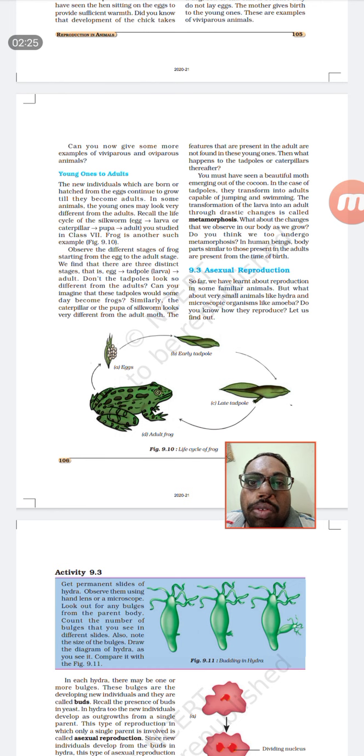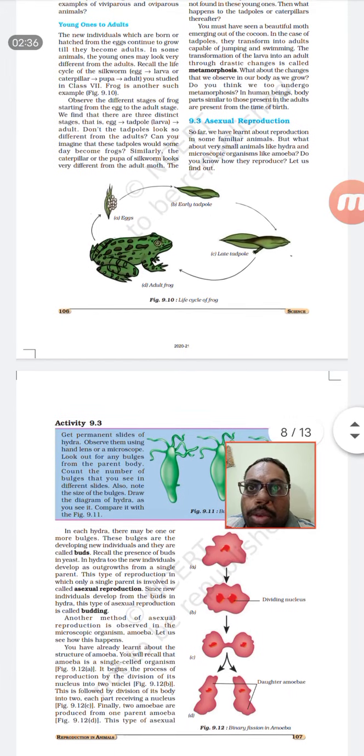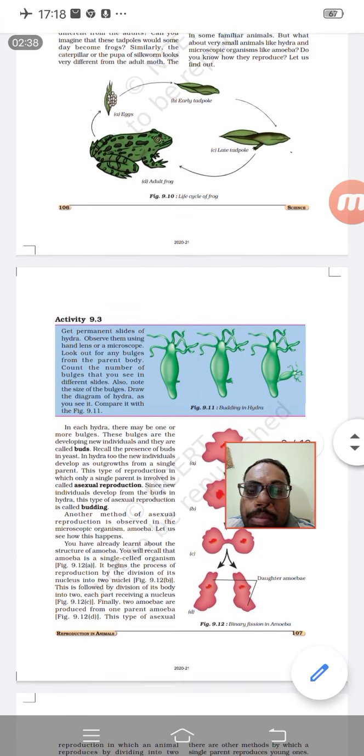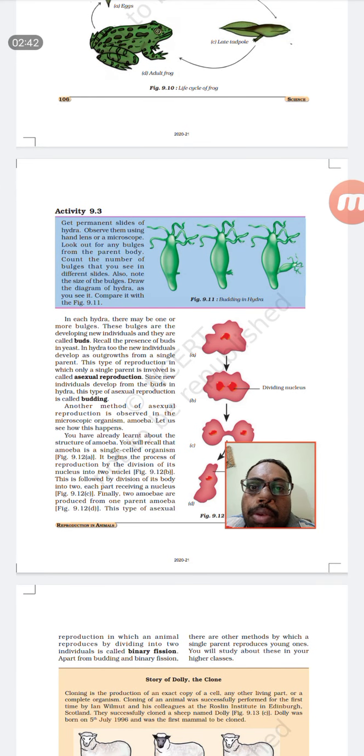This metamorphosis is very common in tadpoles, silkworms, and some insects. Coming to asexual reproduction, where males and females are not separate, the most common example is hydra. Hydra reproduces by budding, meaning one part of the body bulges out and develops into an adult.